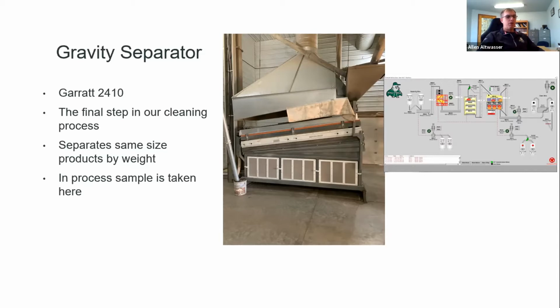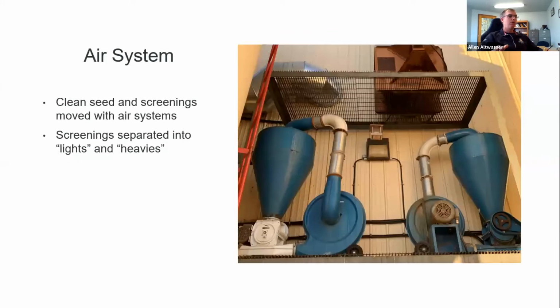From the gravity, the seed enters one of 2 clean bins that we're using. With our seed plant, we've set it up with 3 dedicated air systems to move the clean seed and the screenings. Two of these systems, these blue blowers that you see there, are our screening setup. And we've separated our screenings into lights and heavies.